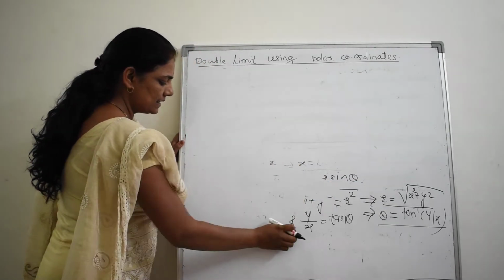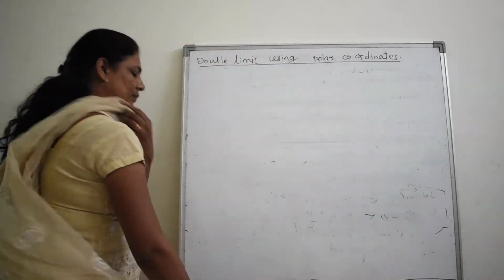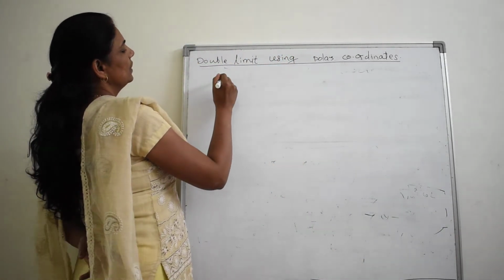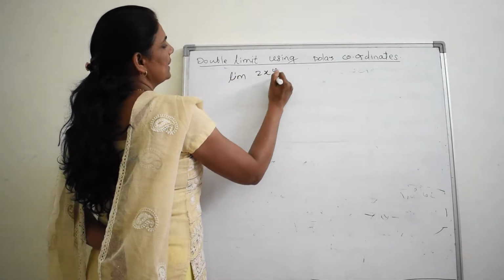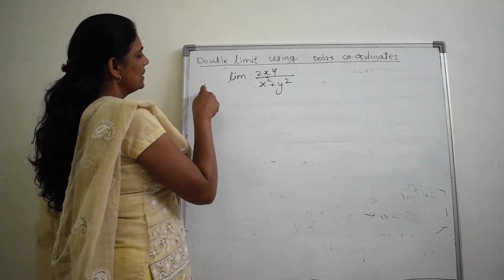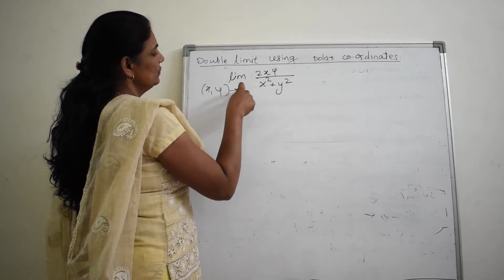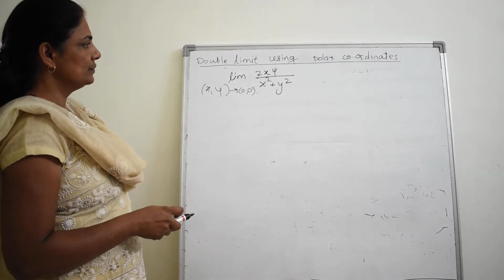So let us take one example. Find the limit of 2xy upon x square plus y square as (x, y) tends to (0, 0) using polar coordinates, if it exists.